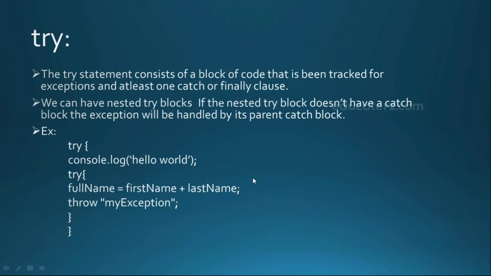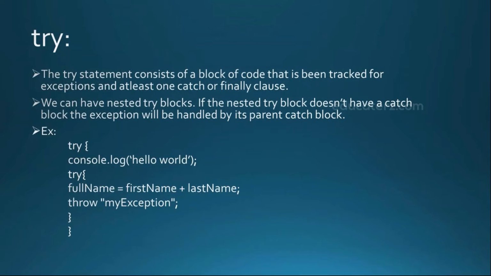Okay, so now let's start with try. The try statement consists of a block of code that is tracked for exceptions and at least one catch or finally clause. We can have nested try blocks. If the nested try block doesn't have a catch block, the exception will be handled by its parent catch block. This means the try block contains code you want to monitor for exceptions.